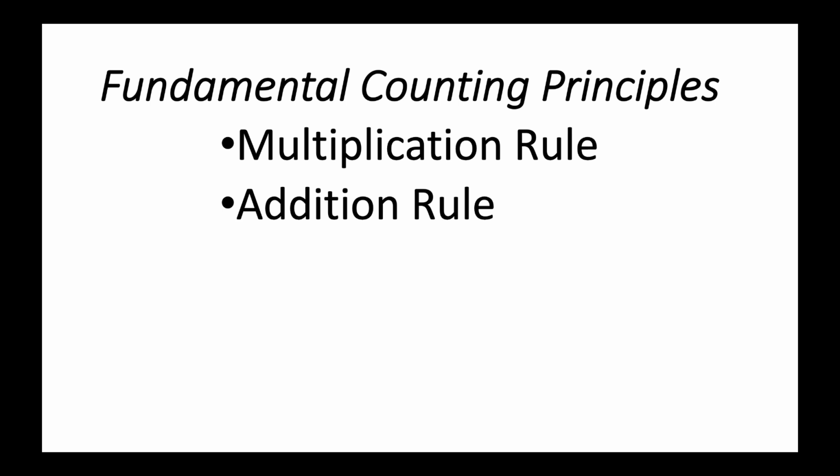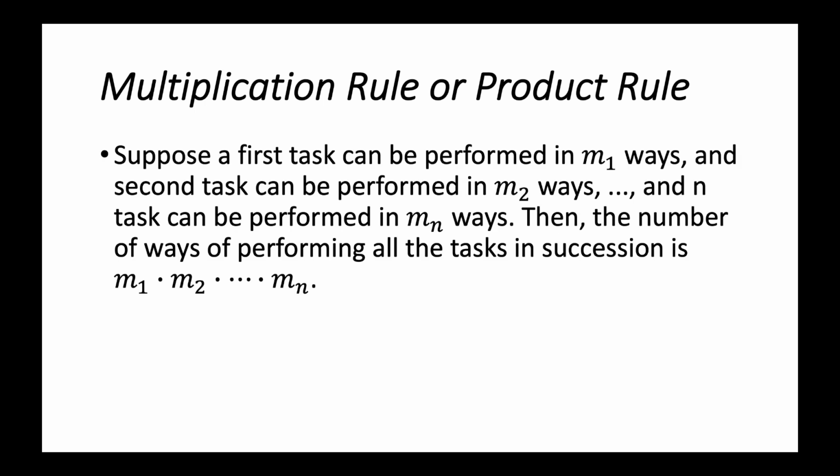Therefore, let us start. Let us start with the multiplication rule, also known as the product rule. It states that suppose a first task can be performed in m sub 1 ways, and a second task can be performed in m sub 2 ways, and so on until the nth task can be performed in m sub n ways.